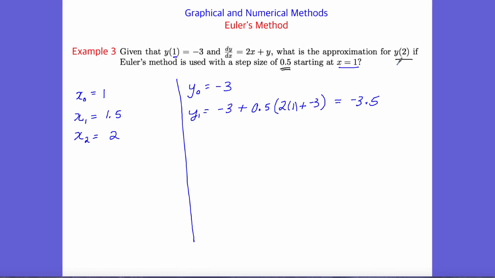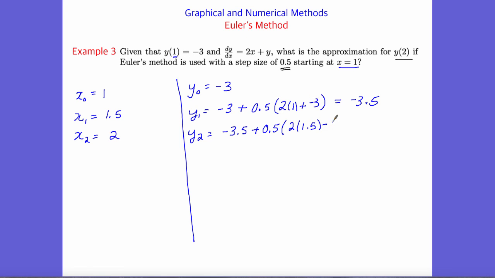I need y sub 2 though, so I've got to go one more, and I'll use my previous y term, -3.5, plus the step change, and then it's going to be 2 times, not 1, it's going to be 1.5, plus my y value.